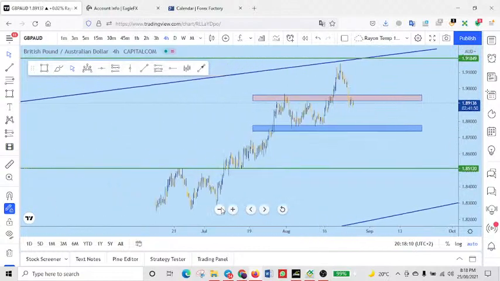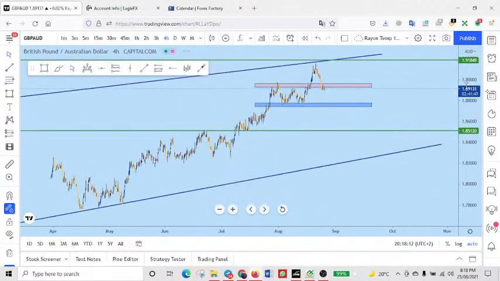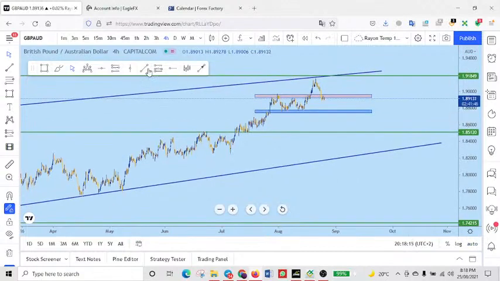All right, so let's look at the 4-hour time frame. Let's break it down.